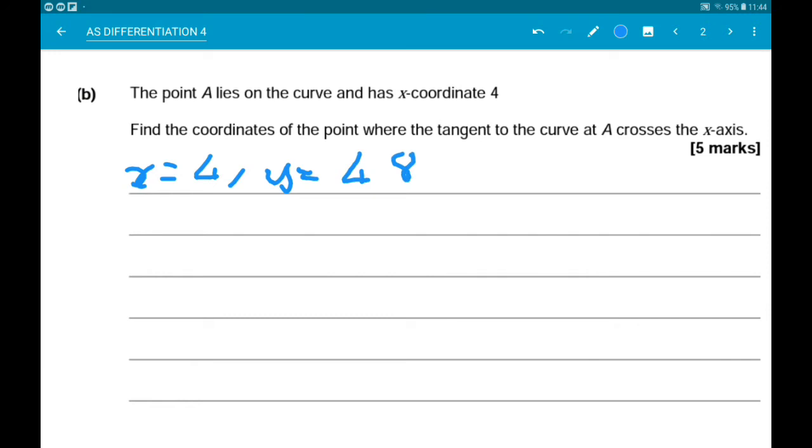Add 32 over 4, so that's 8. So that gives us 56. So the point A is (4, 56).